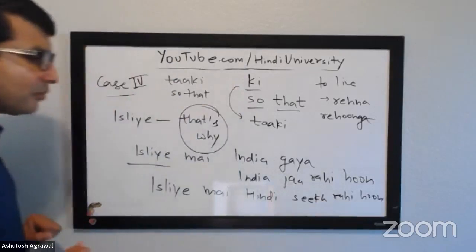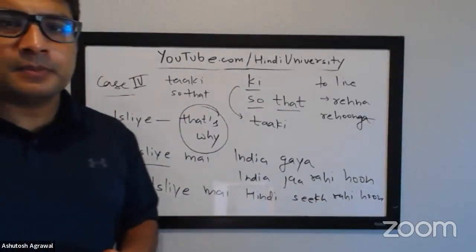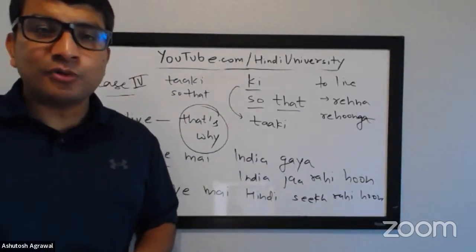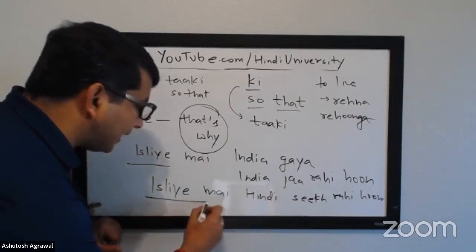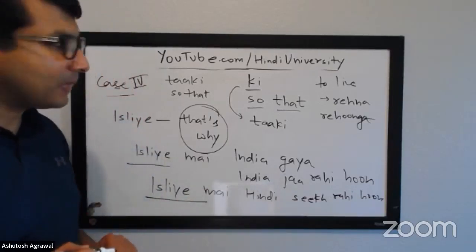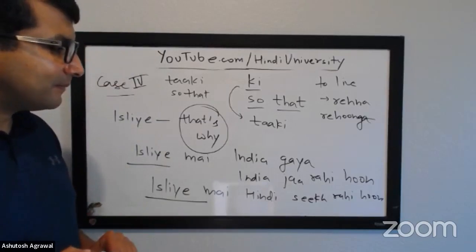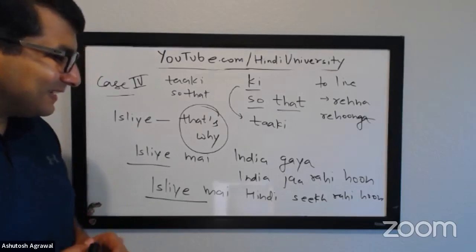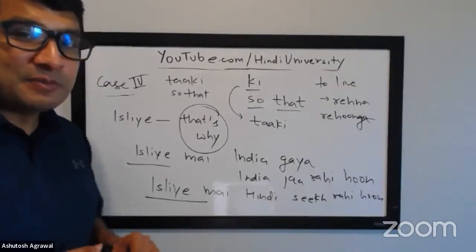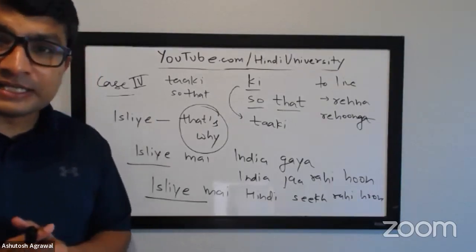Okay. So let's say you want to say that मैं इंडिया में पढ़ाना चाहती हूँ. I want to teach in India. That's why मैं हिंदी सीख रही हूँ. Oh, that's a brilliant observation. That means with isliye, you're not going to use the subjunctive form because it's very clear. Because of this, I'm doing. That's why it's definite.